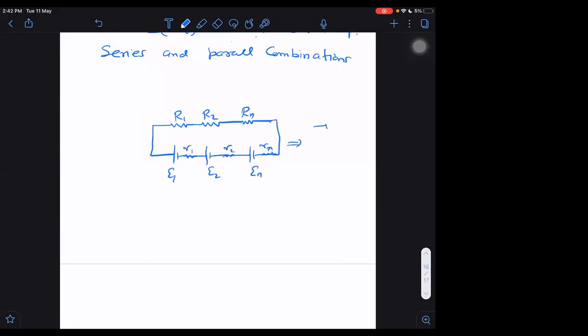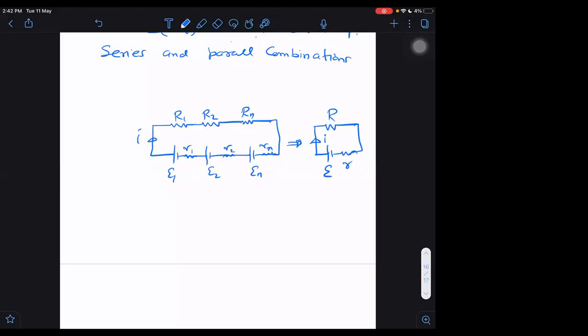This will be an equivalent combination if net EMF and net internal resistance and net resistance effectively, these resistances are replaced by a single resistance, these internal resistances are replaced by a single internal resistance, and these batteries are replaced by a single ideal battery. If we are able to do that, and that gives us the same current, then we will say it is equivalent. Otherwise, it will not be equivalent if it gives a different current.